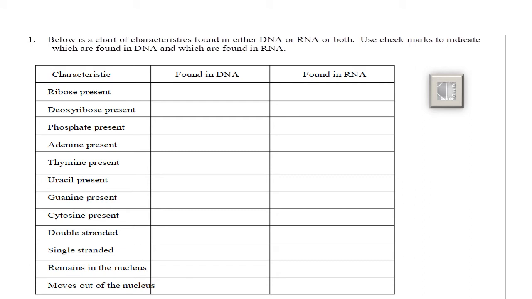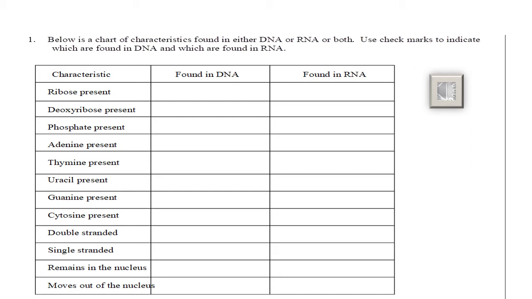Okay, here is a chart of characteristics found in either DNA or RNA or both. Use the check marks to indicate which are found in DNA and which are found in RNA. Number 1, ribose sugar, found in RNA. Number 2, deoxyribose sugar, found of course in DNA.